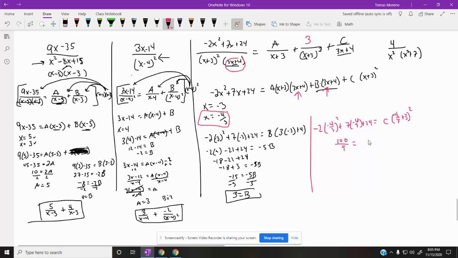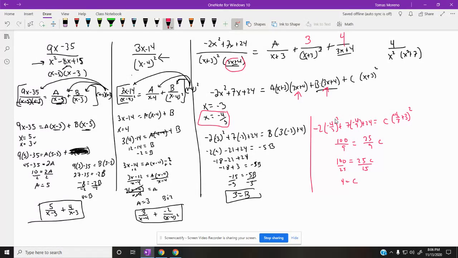And then I'm going to get 25 over 9 times C. So here, step by step, I could multiply 9 to both sides, leaving me 125C. I divide by 25, divide by 25, 4C. Now I know my C. Bada boom, bada bing. So my B was 3, my C was 4.